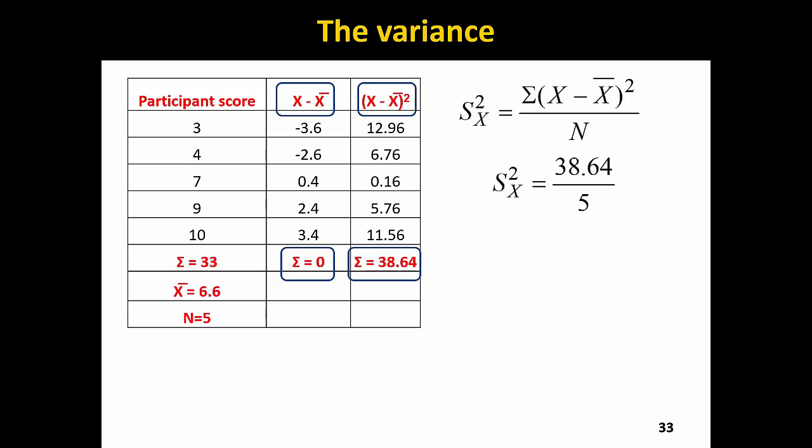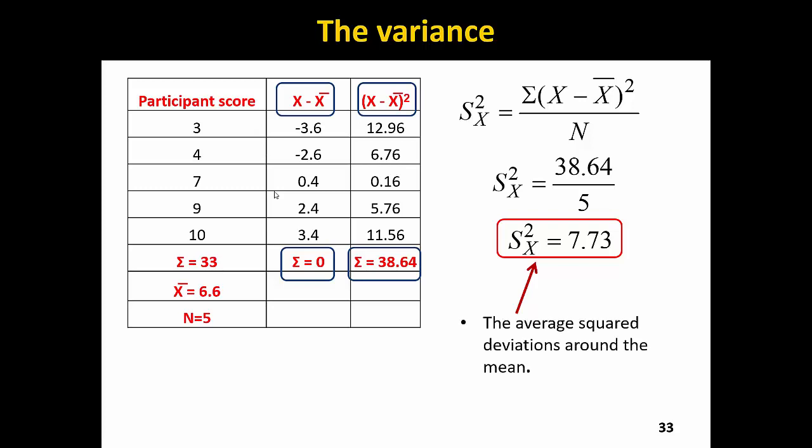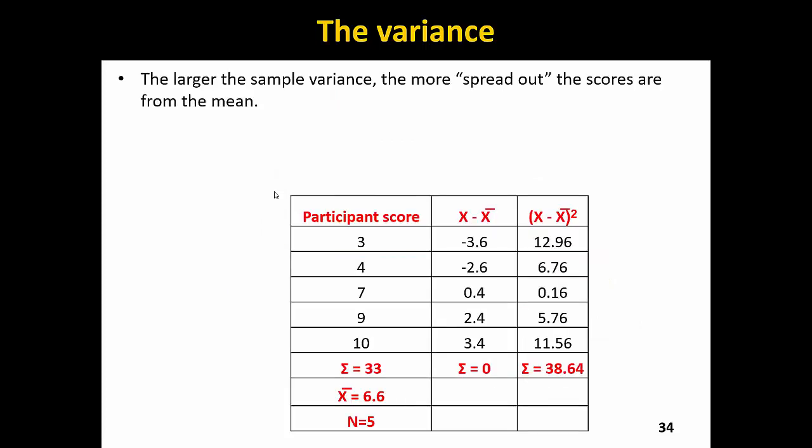And then we take that 38.64, which we have up here in the numerator, we divide it by the sample size. In this case, we have a sample size of 5, and we end up with a value of 7.73. And this value is the average squared deviations around the mean. And this is what we call the variance. Now, the larger the sample variance, the more spread out the scores are around the mean.